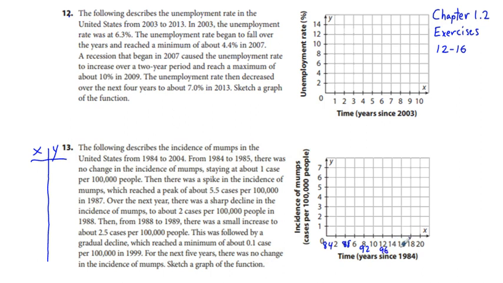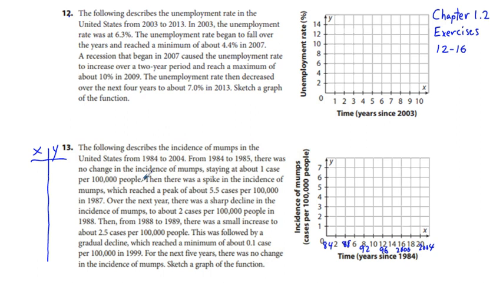Year 16 will be 2000, and then here this 20 will be 2004. Is that right? Yeah, 2004, which should be 20 years after 84.